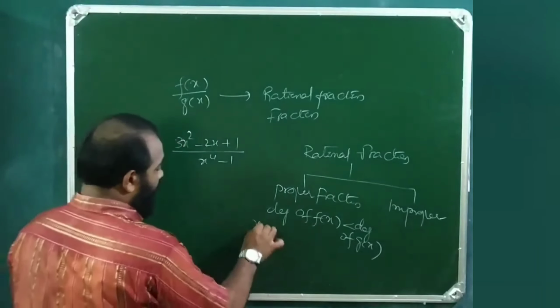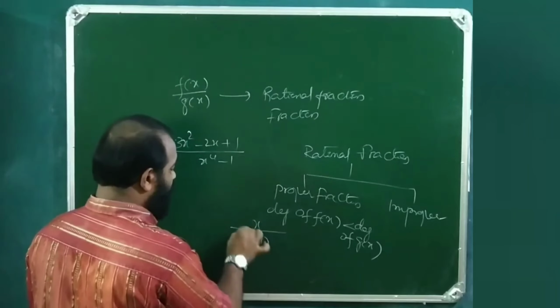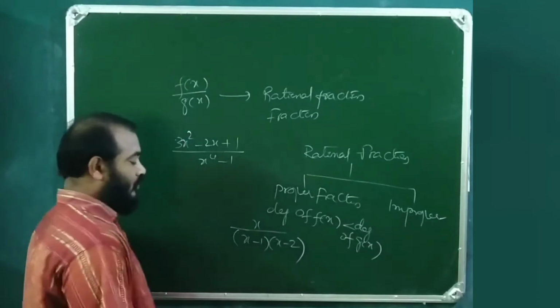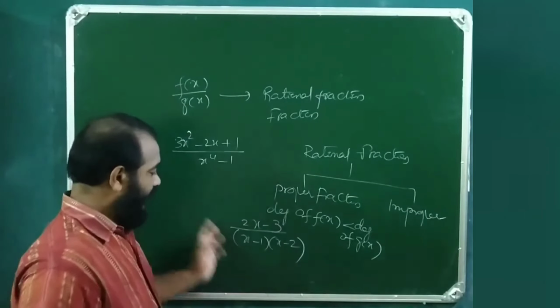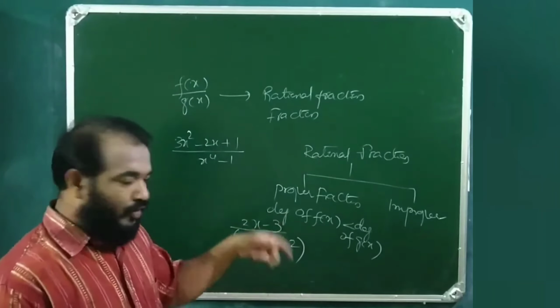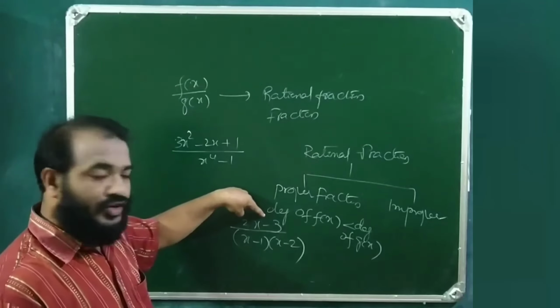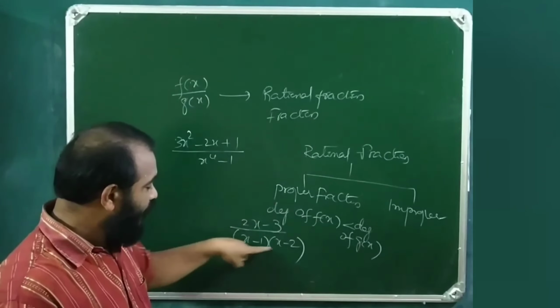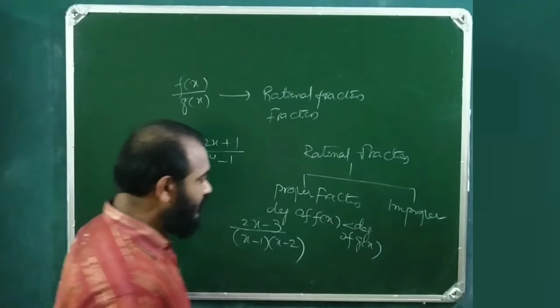For example, x by x minus 1 into x minus 2, or 2x minus 3 by x minus 1 into x minus 2. This is a proper fraction because the degree of the numerator is 1 and the degree of the denominator is 2.